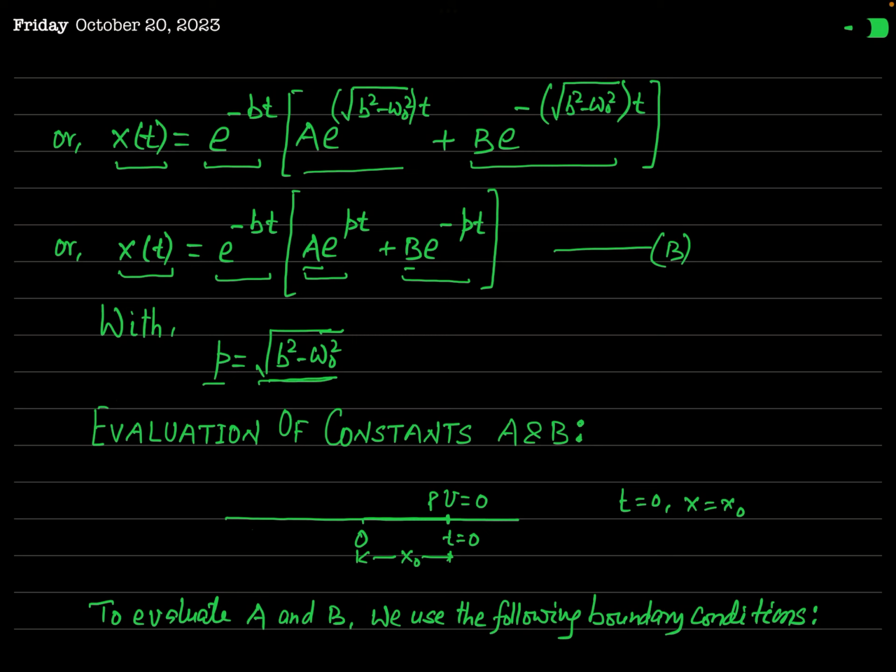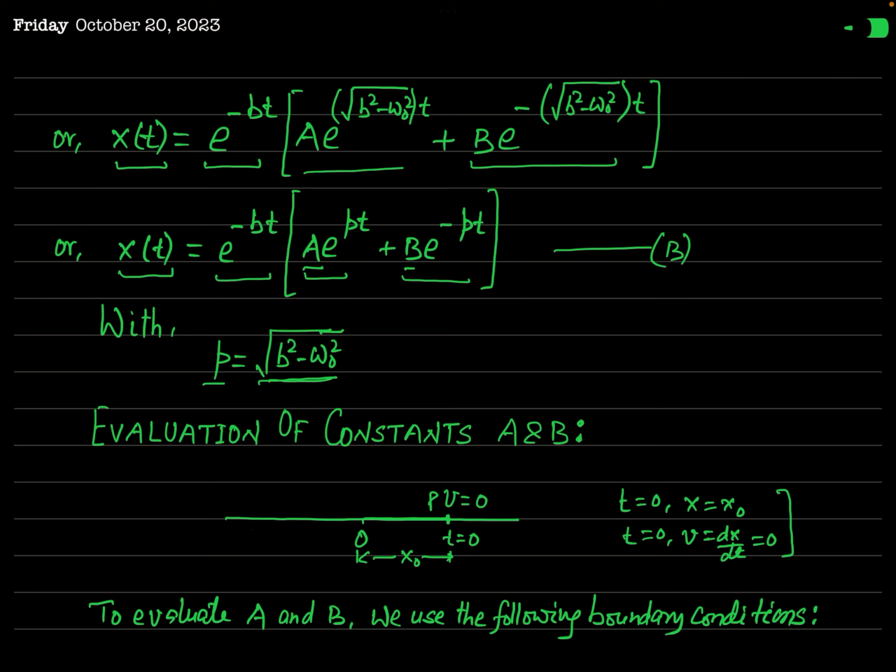Actually, the particle has been released from this point, so it starts moving under the restoring force with 0 velocity. So at t equal to 0, you can also say that v equal to dx by dt is also 0. So we will use these two boundary conditions to evaluate the values of a and b.